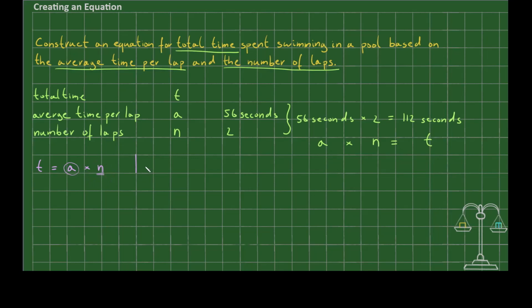So if I want to transpose it, I need to do the inverse, which means I need to divide by N. And now on the left-hand side, I will have T divided by N equals A. So once we have an equation, even though it is all letters, we can manipulate it in the same way we manipulate any other equation to make any variable the subject of that equation.